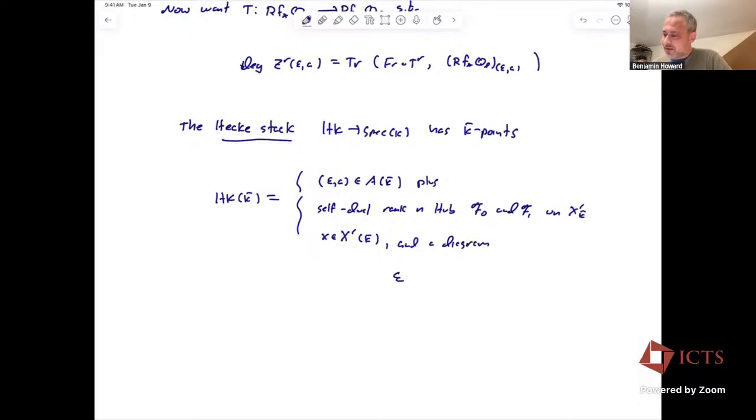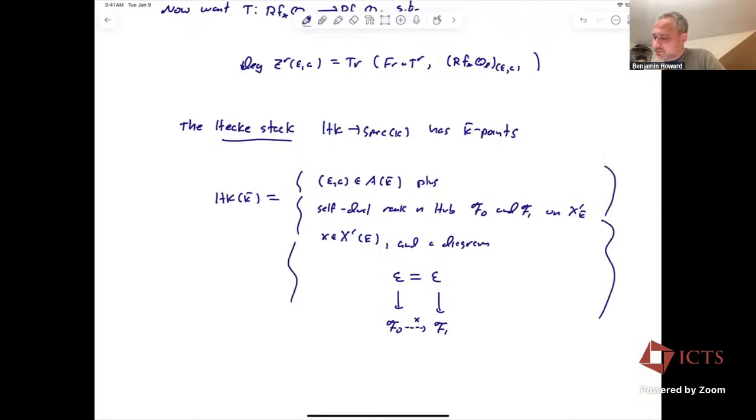So I'm going to take this E and map it into both F0 and F1. And I want F0 and F1 to be related by a simple modification at the point X. So that's the data of the Hecke stack.